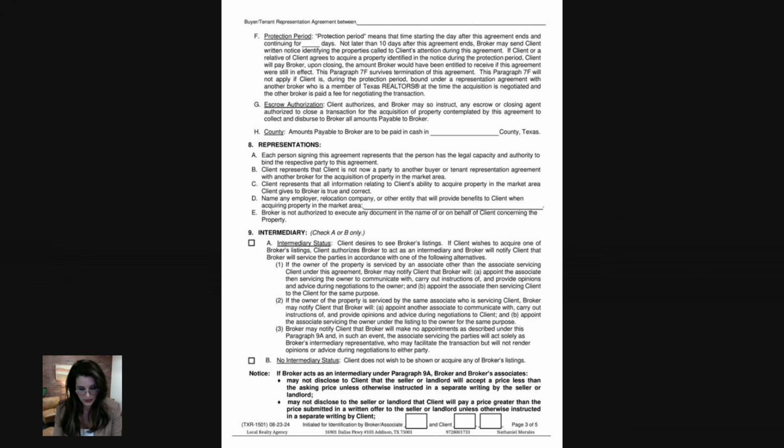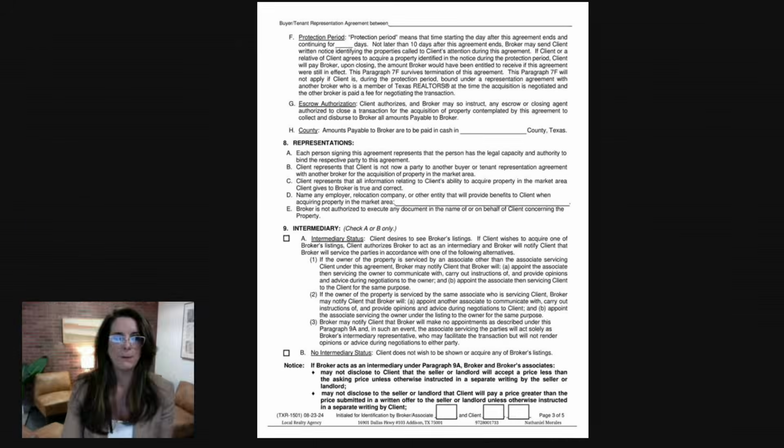Then we have intermediary. Oh boy. Okay, let's discuss intermediary. So we have intermediary with appointments, without appointments. And then we have intermediary that just means the client has been looking at the broker's listing, the broker that you belong to.